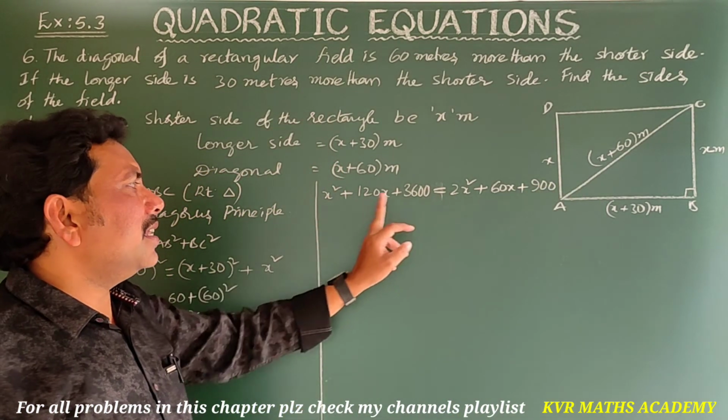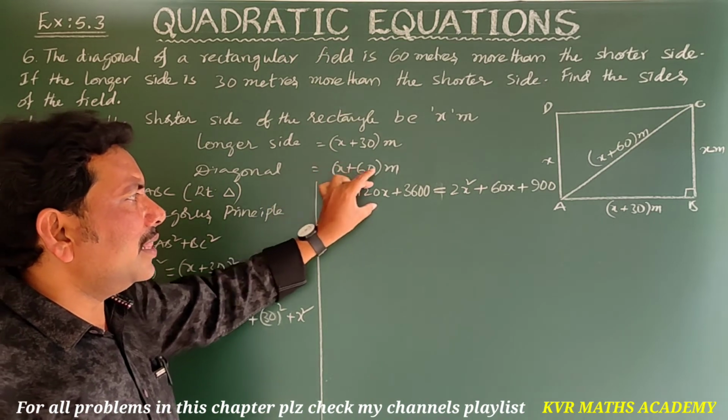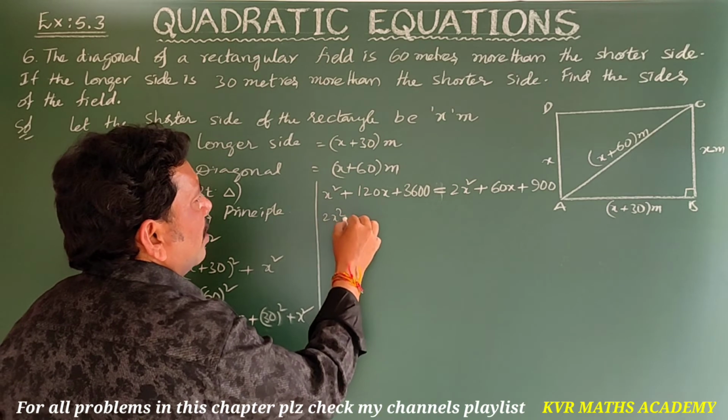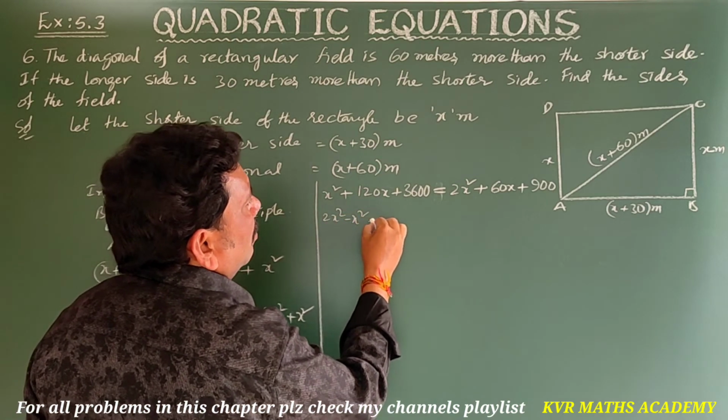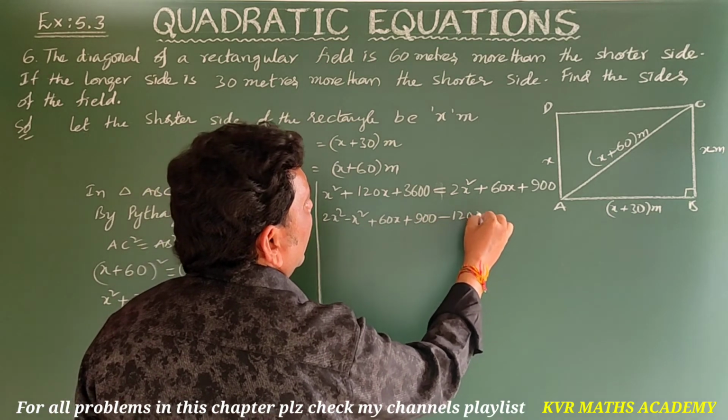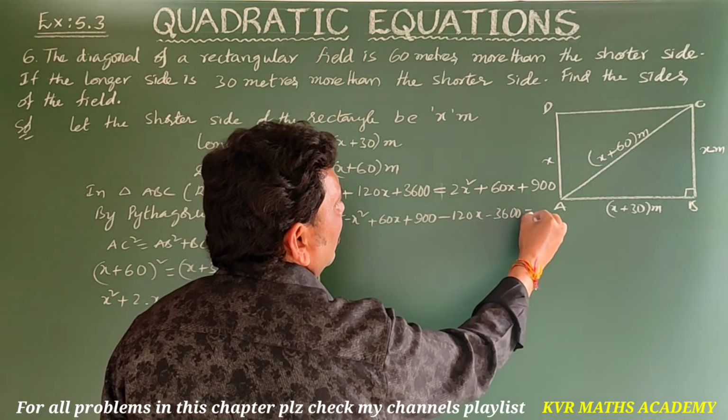Here 2x square is there, here x square is there. So all these three terms transfer into this side. This will be 2x square minus x square plus 60x plus 900 minus 120x minus 3600 is equal to 0.